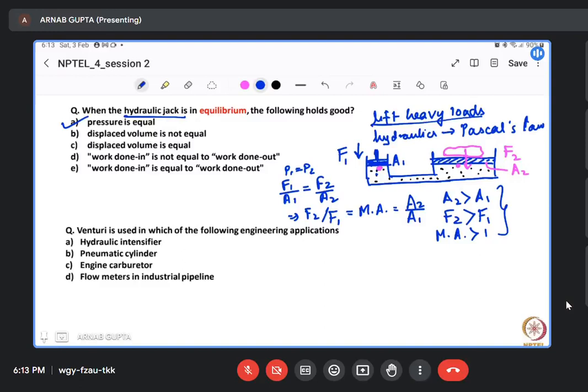And the last statement is work done in is equal to work done out. So what is the work done? Work input is nothing but force into distance, right? So F1 is the input force into the distance moved by this particular cylinder.